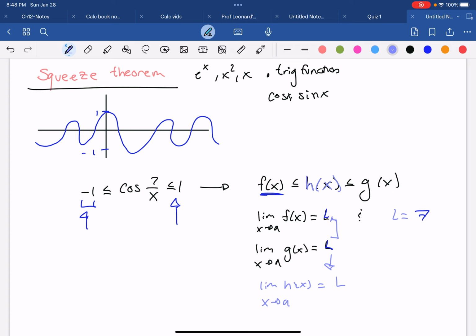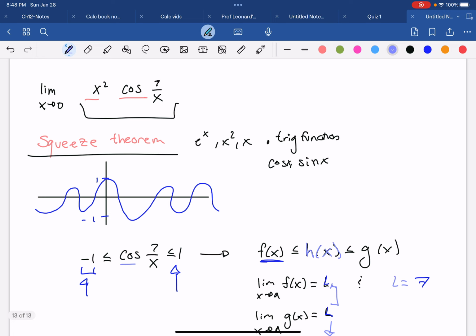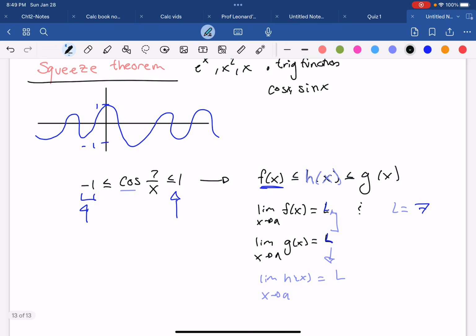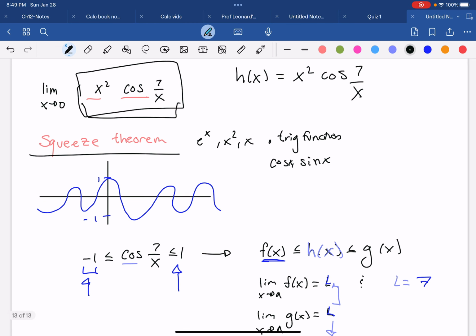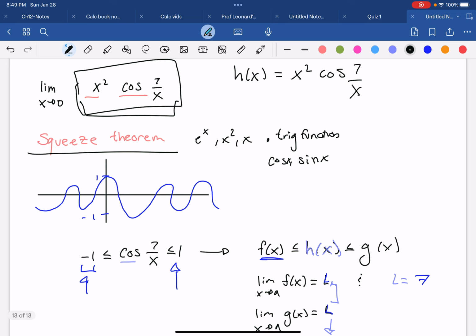The reason we're working with this cosine 7 over x is because we know that a cosine function, no matter what, is going to be between -1 and 1. In order to turn this into our h of x, which is x squared times cosine 7 over x, all we have to do is multiply each part of this inequality by x squared.